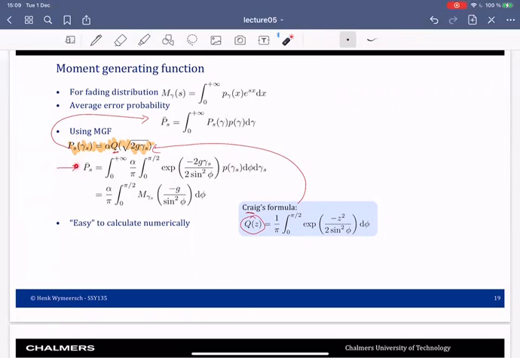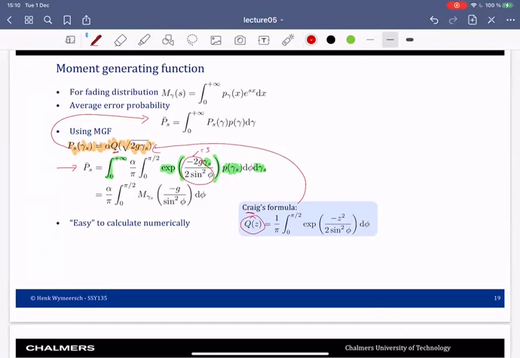Okay, so this is exactly the same. And now I will highlight some of the terms. So we have this integral here, this exponential with the parameter gamma, p of gamma d gamma, and then this thing here I will call s.